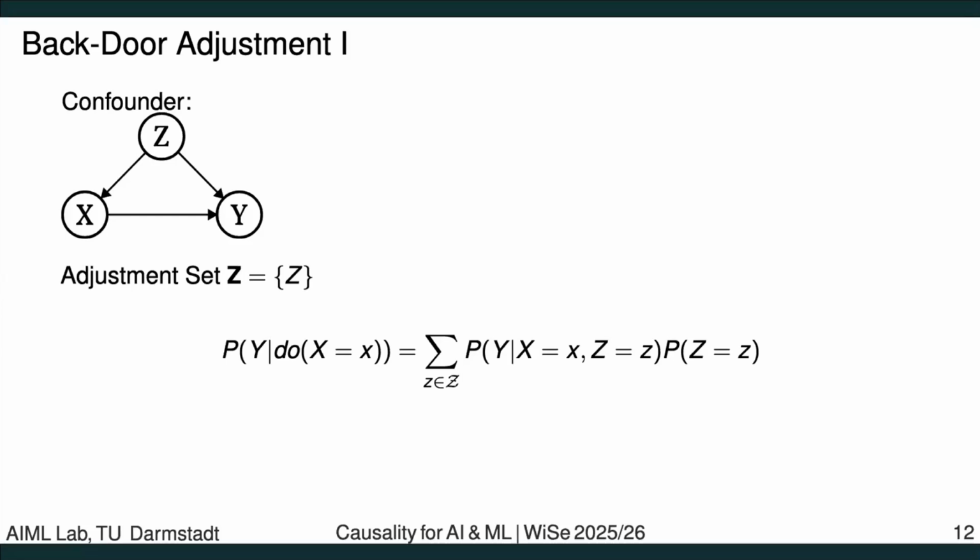We go and we apply this expression we have seen earlier. Basically, we condition Y on X, and additionally on Z. And what we do in the end is that we take the effects of Z and marginalize that thing out. So that's basically all.